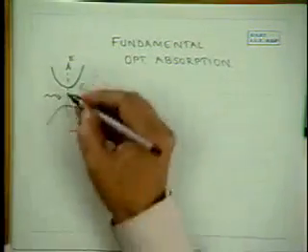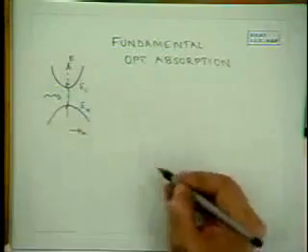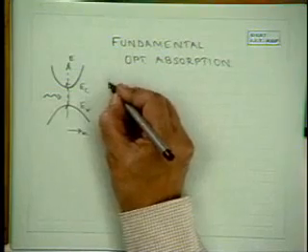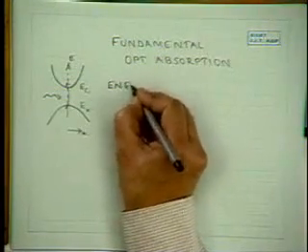A photon with energy comes in, gives rise to excitation of electrons, and obviously we have to have energy conservation and momentum conservation.